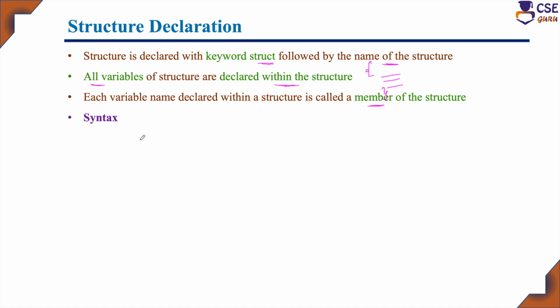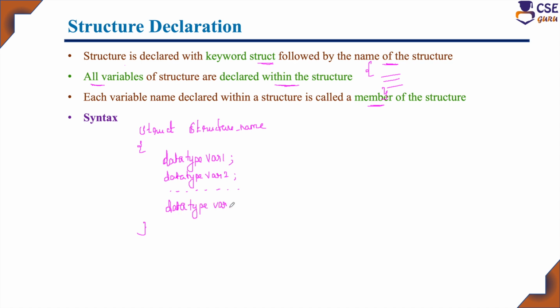For the syntax, the structure declaration starts with the keyword struct, followed by the name of the structure. Like variables, you can give any name. Then data type variable 1, then data type variable 2, likewise any number of data elements, up to data type variable n.